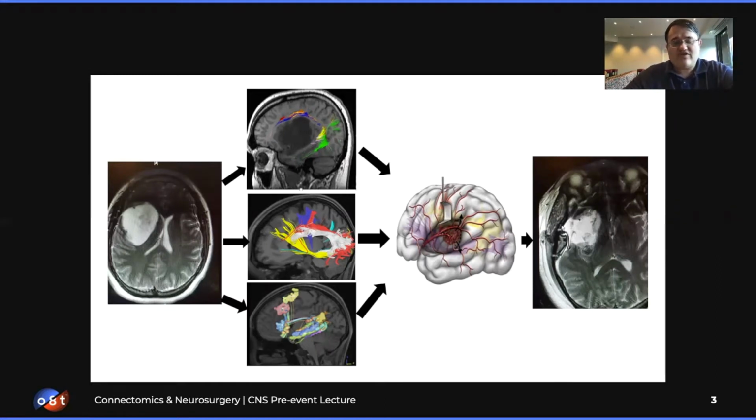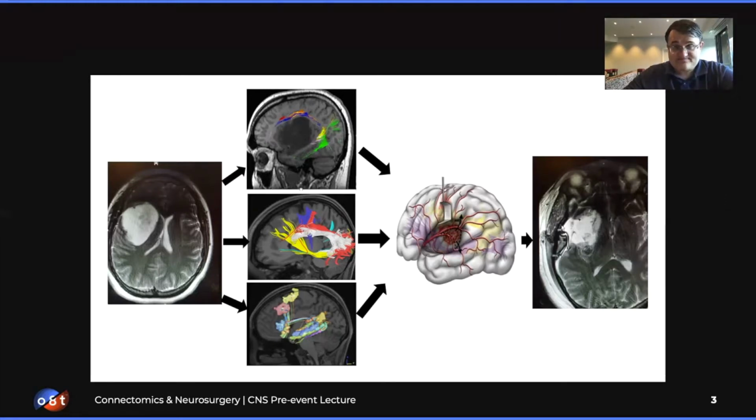So when we think about the cognitive workflow, going from left to right in this slide, we're thinking about how do we take a very complex insular glioma like this, figure out its anatomy from a tractographic and functional standpoint, as well as the cortical origins, to identify brain networks and turn this into an actionable plan that we can do in the operating room to achieve a good oncofunctional balance, removing as much tumor as possible while not making inappropriate trades.